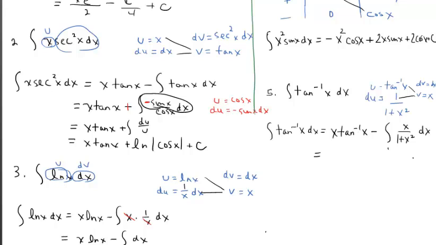Little technical difficulties here. I think you see where this is going though. We're going to integrate this. We're going to let u be the denominator. I'll get 2x dx. I'm going to have to bring in a 2 and pull out a 1/2.